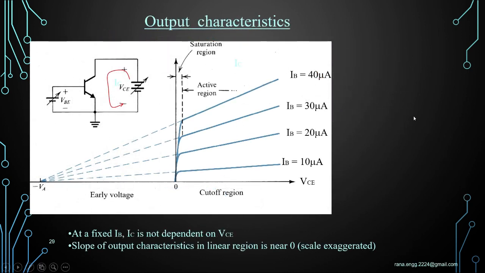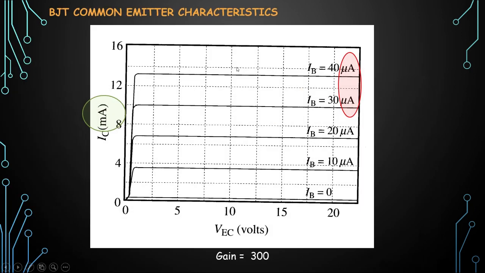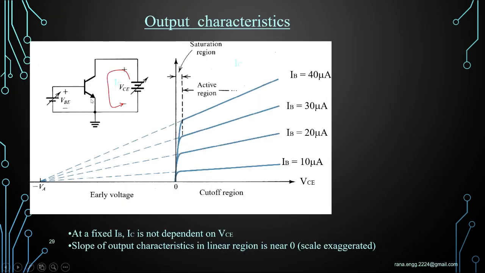Then output characteristic. Output characteristic is for the output part. In output, the output current is IC. So for this diagram, IC is the output current and VC is the output voltage. So this is the graph between output current and output voltage.